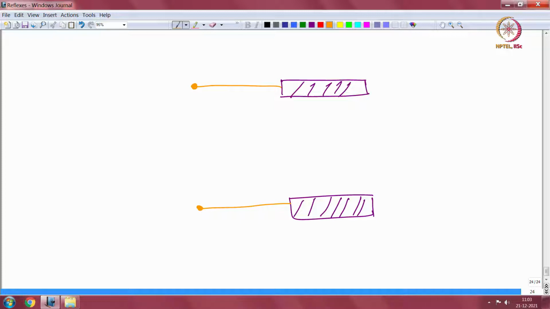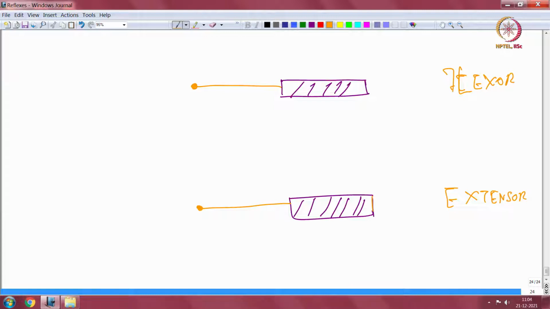So, this would be flexor, extensor, flexion, extension. Most of your work is in the flexion part of the story. You hold things, you release. So, writing, you hold a pen. So, there is a lot of importance for the flexor part of the musculature, and so that is how it is.